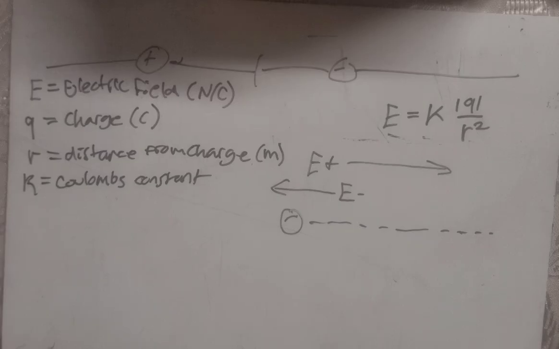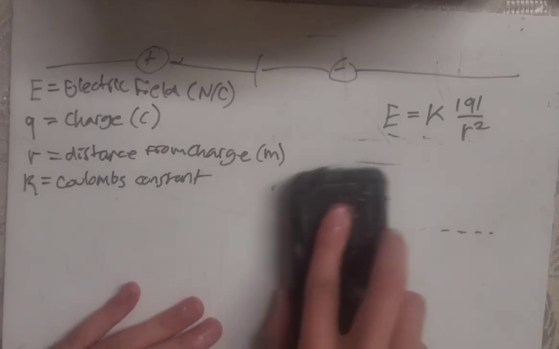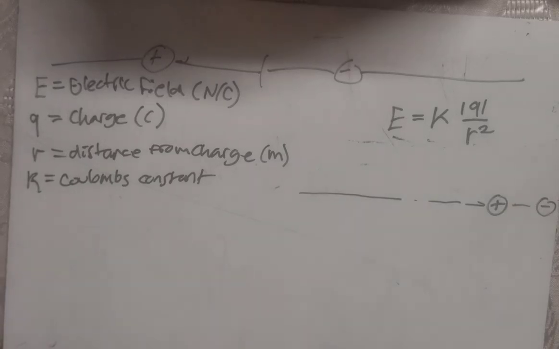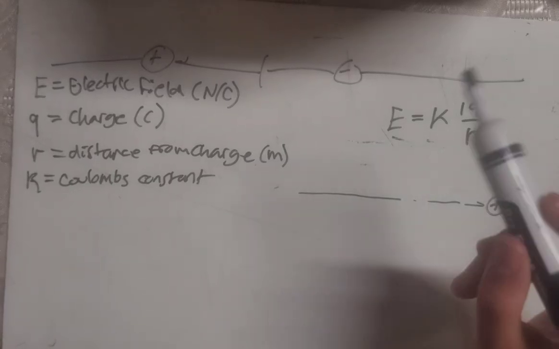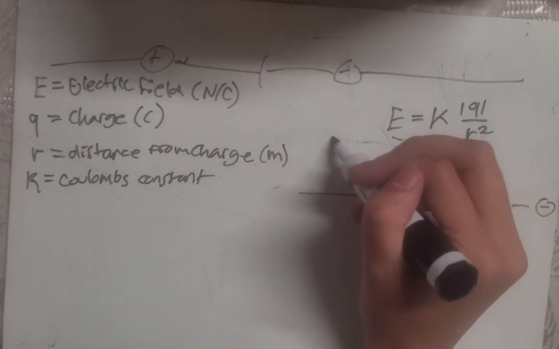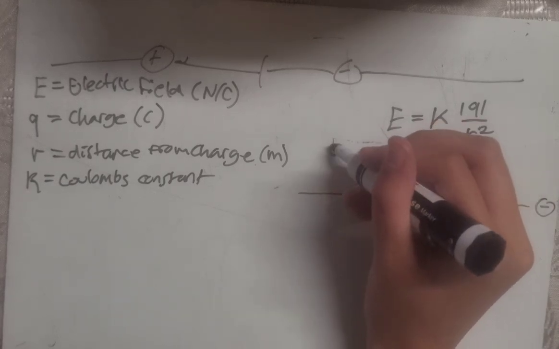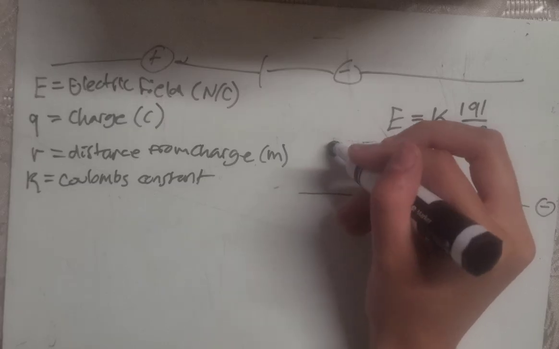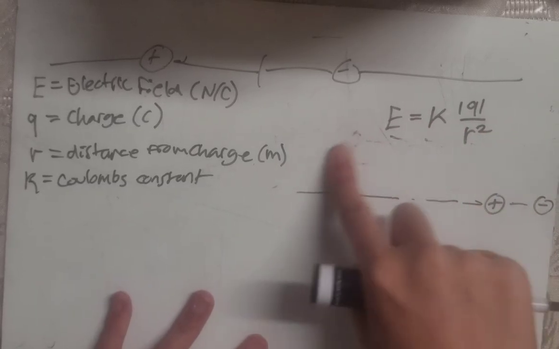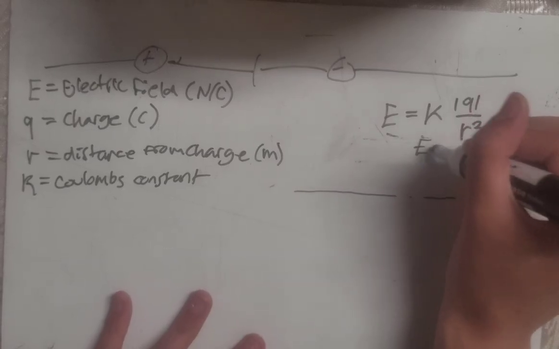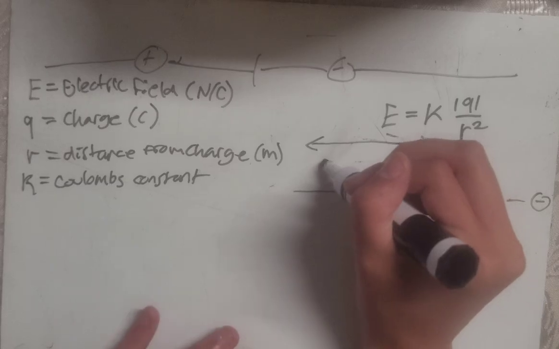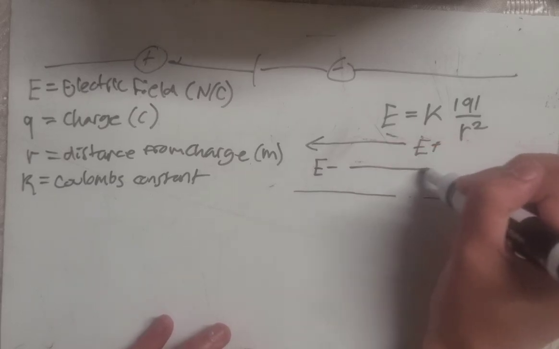Now we can check the left side of the positive charge. Here the electric fields would point in opposite directions, because the positive electric field would be pointing to the left, and the negative one would be pointing to the right.